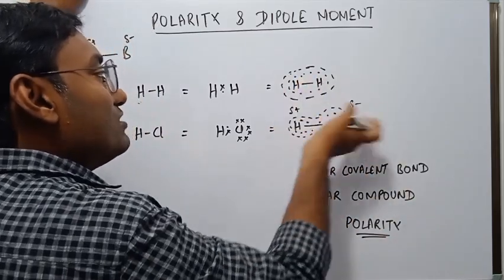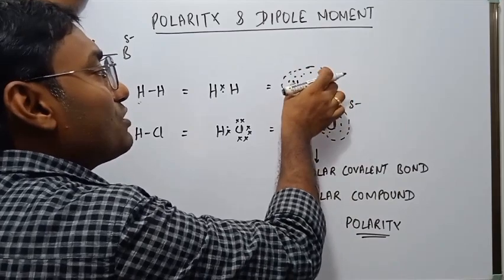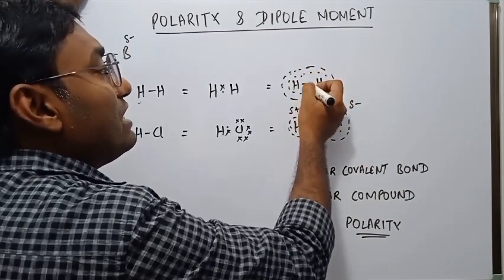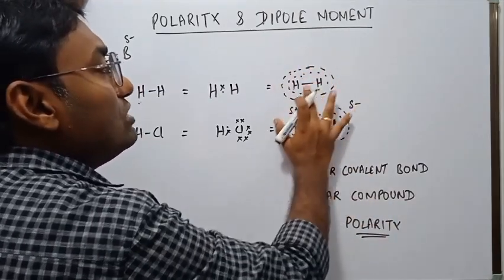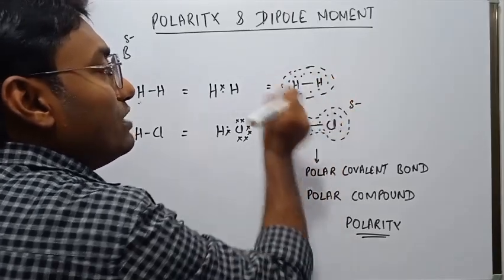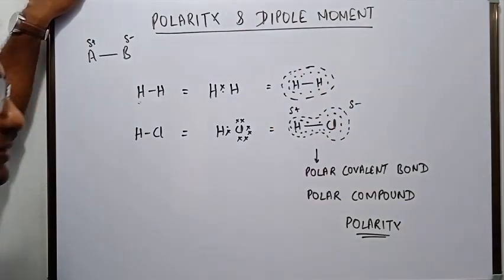Vice versa, if two atoms of the same electropositivity come and combine with each other and share their electrons, the electron pair lies at the center. The electron cloud is evenly distributed, and such a bond is a non-polar covalent bond, and such a compound is called a non-polar covalent compound.